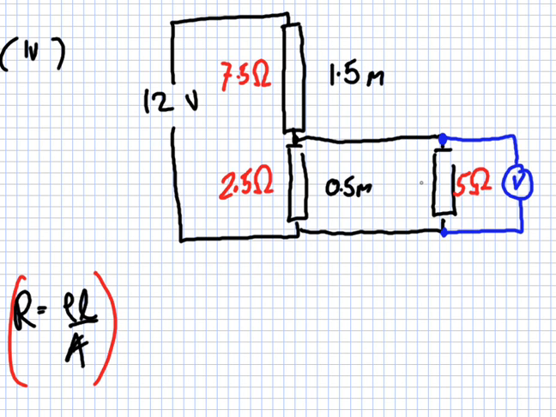You could find the total resistance, and this total resistance would help give you the current. So we'll go with total resistance first. So here we have 1 over R equals 1 over 2.5 plus 1 over 5.